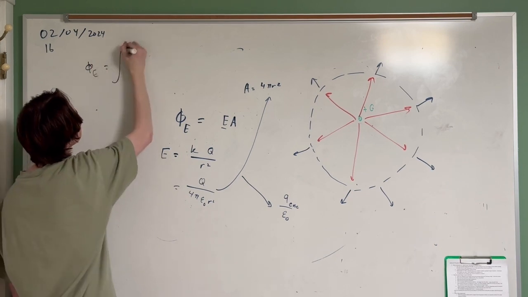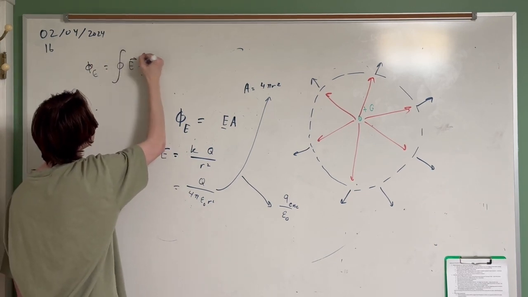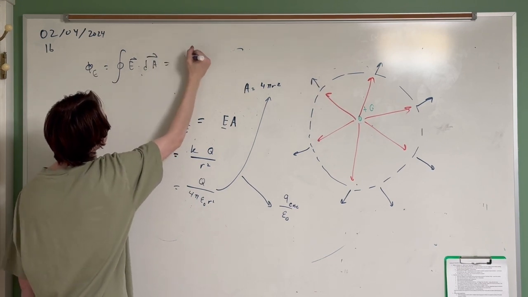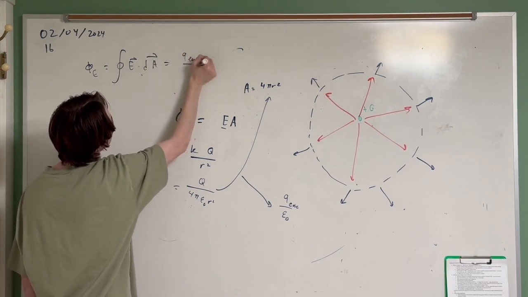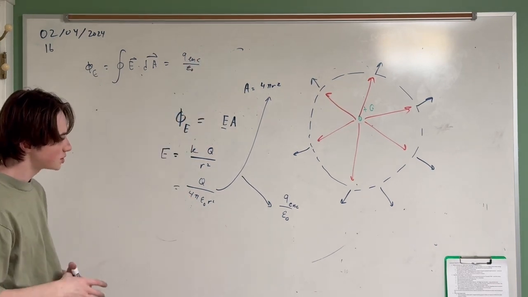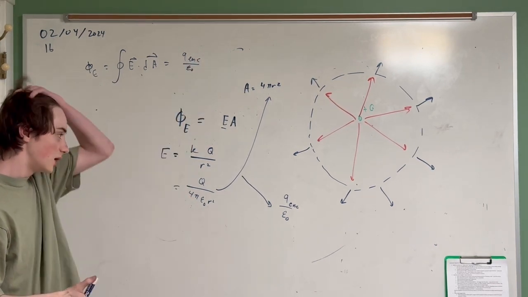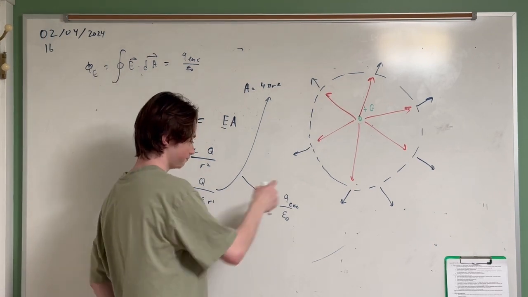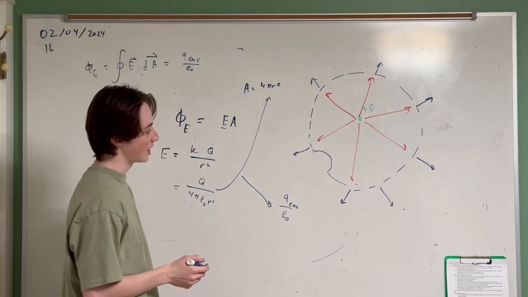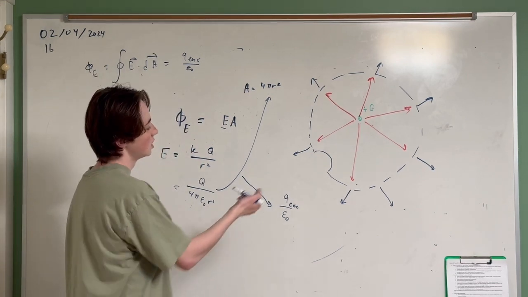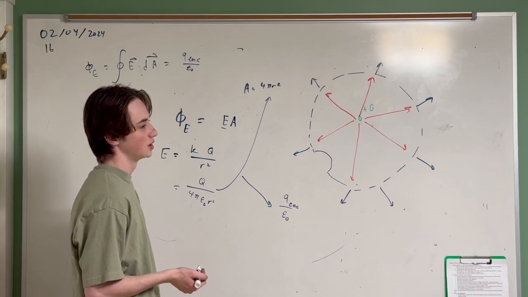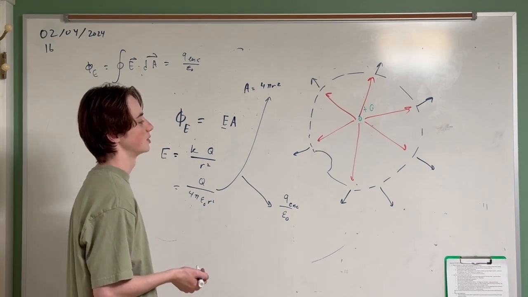So now we have flux equals the integral of the dot product of electric field with area vector, which is equal to Q enclosed over permittivity of free space. And because we just proved that in a uniform field, if you change your surface, it's going to have the same amount of electric flux. We haven't actually proved yet that it does the same thing in a non-uniform surface, but it actually does.